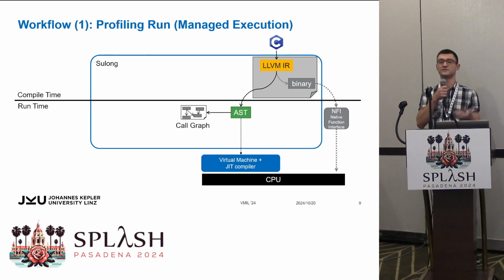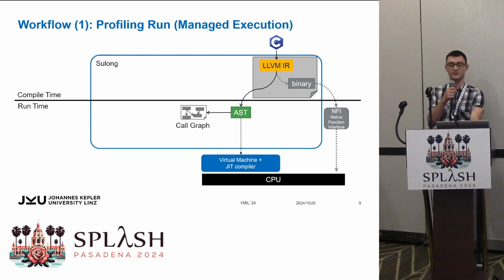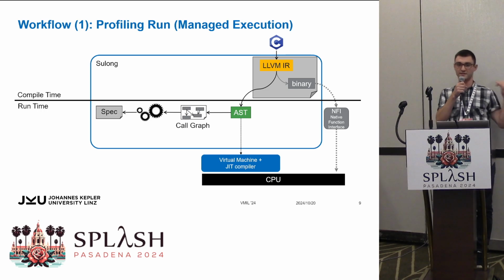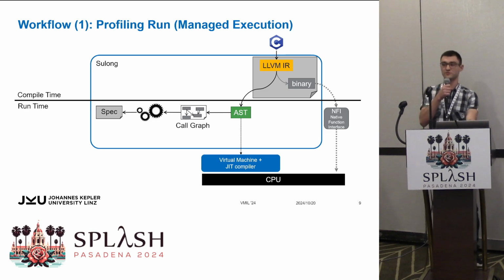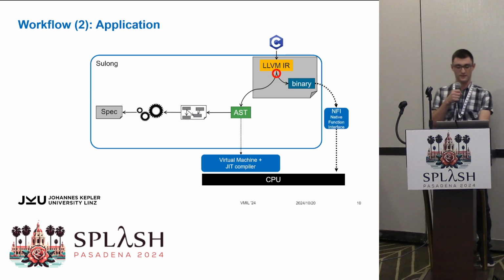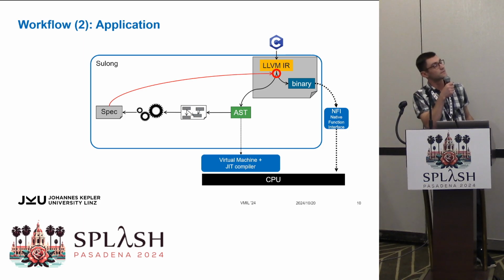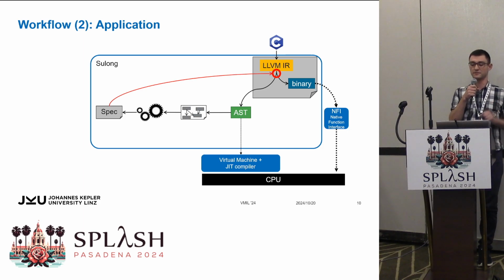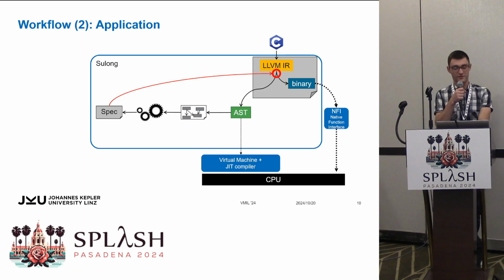There we can track the program and create a call graph with the necessary information. Then we apply some calculations and write everything into a specification file, which is stored. If there is a follow-up run, we can use this information, and the functions are run natively if our heuristics decided to do so.